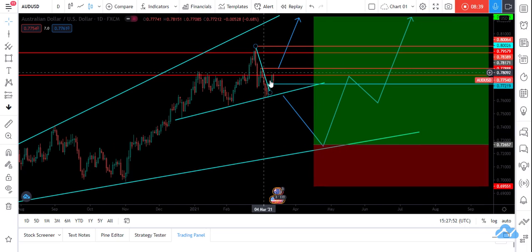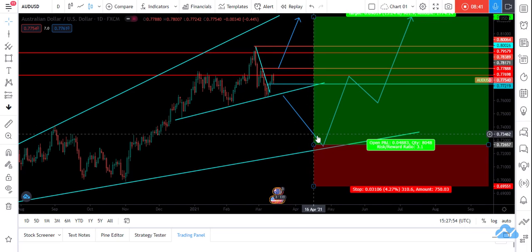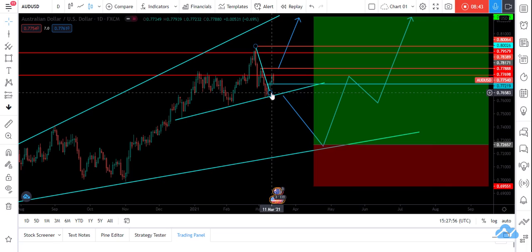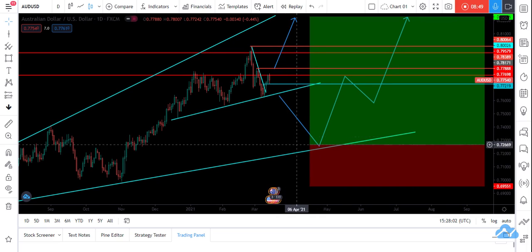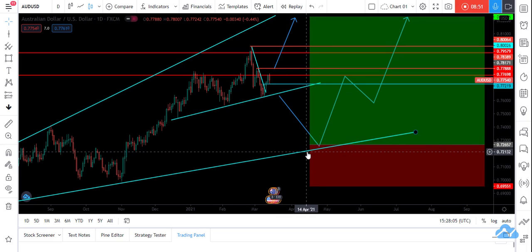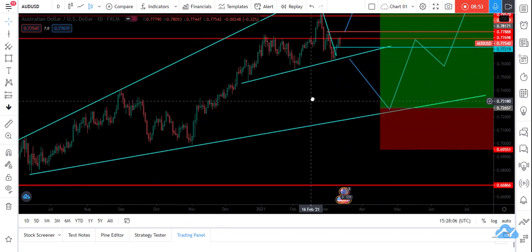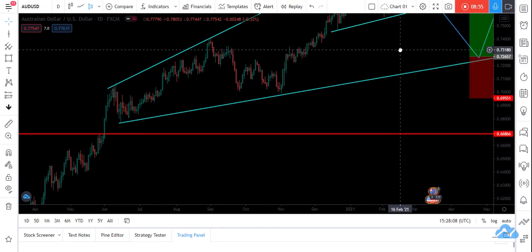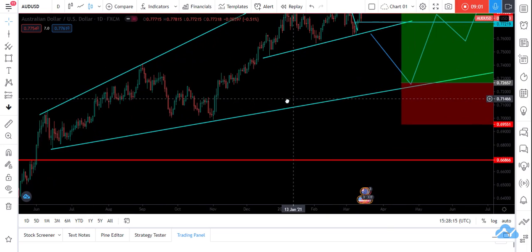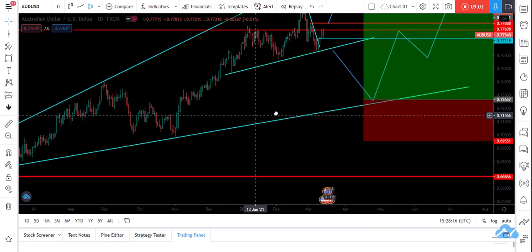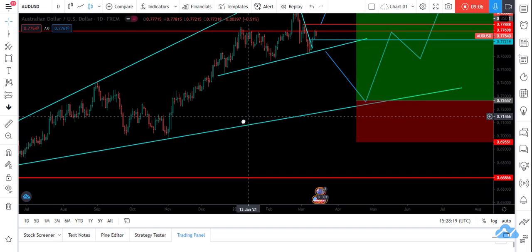And then if it breaks below it, you might see more of a corrective wave descending all the way down to this trend line support that has been going on from 12th, 15th of June 2020, and this would be the third test of it.